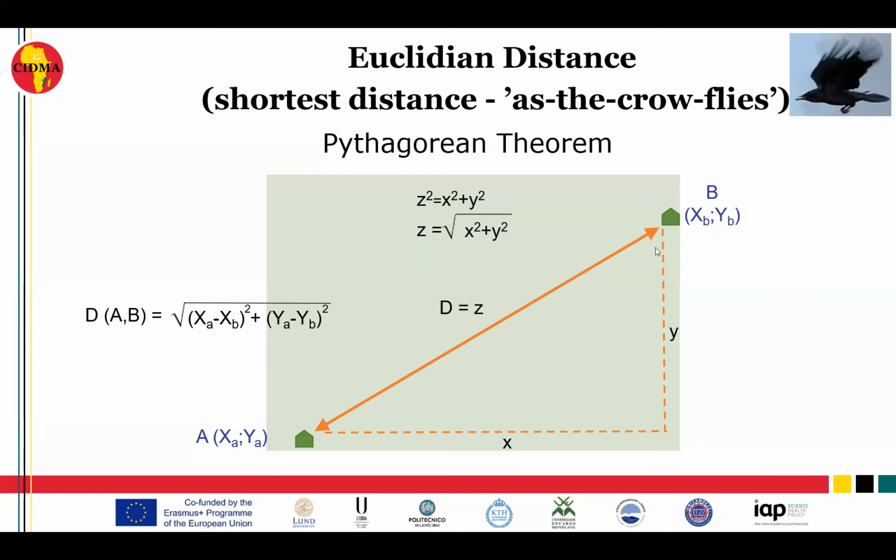And the same for the y distance here. We will get the distance by subtracting the y b, in this case, with the y a. So then the computer has solved these two sides of the triangle, and then it's quite easy to calculate the hypotenuse in that triangle.